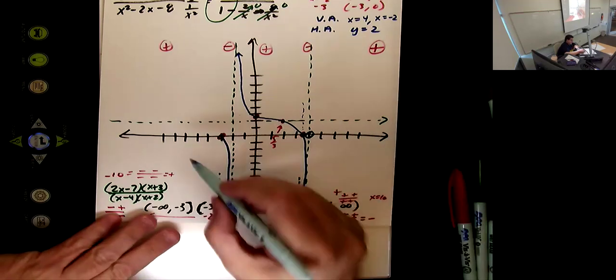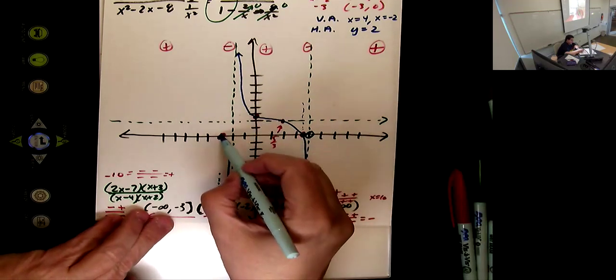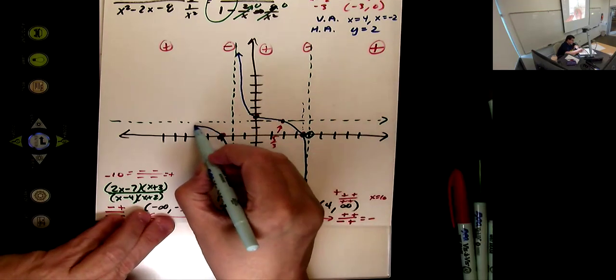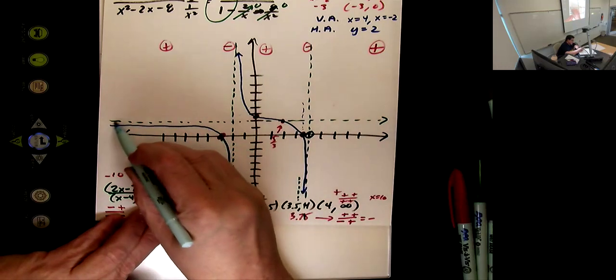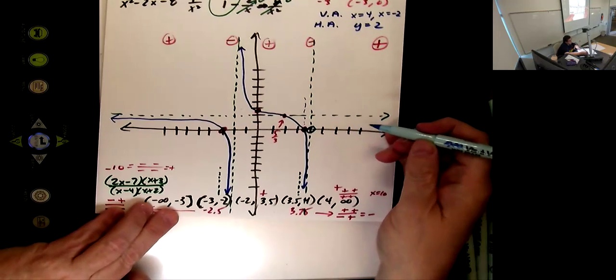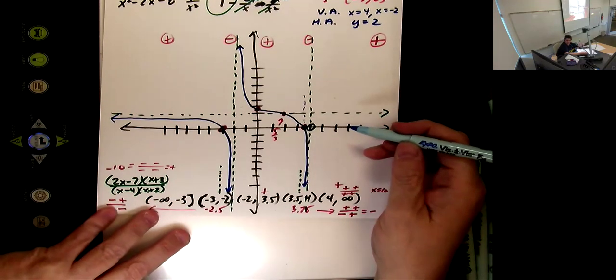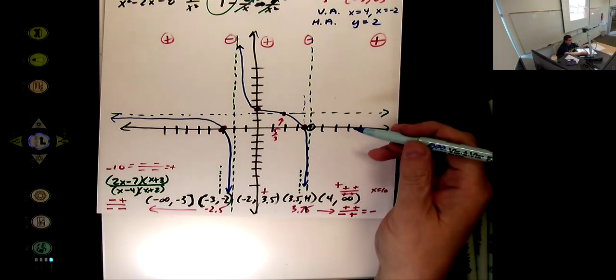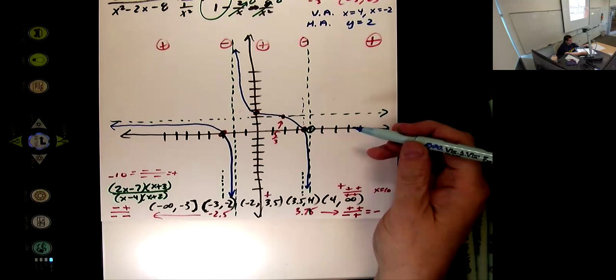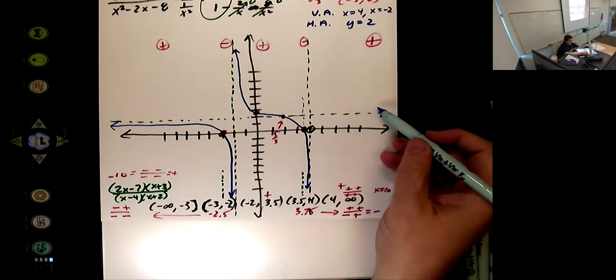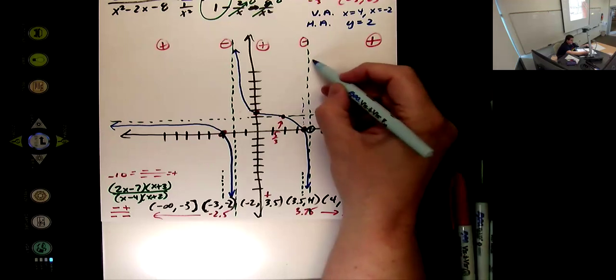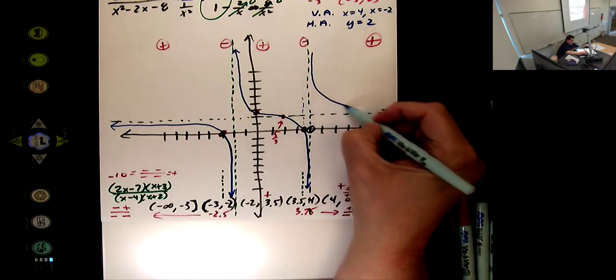To the left of it, it was positive, but we know it didn't cross the horizontal asymptote again. And over here, it was positive, so this is again doing something like that.